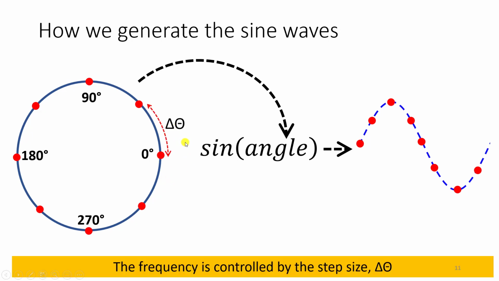And if we do this in equally spaced time, then we will have a sine wave of a specific frequency, and that frequency is determined by the step size. So the smaller the step size, the lower the frequency, and the larger the step size, the higher the frequency.